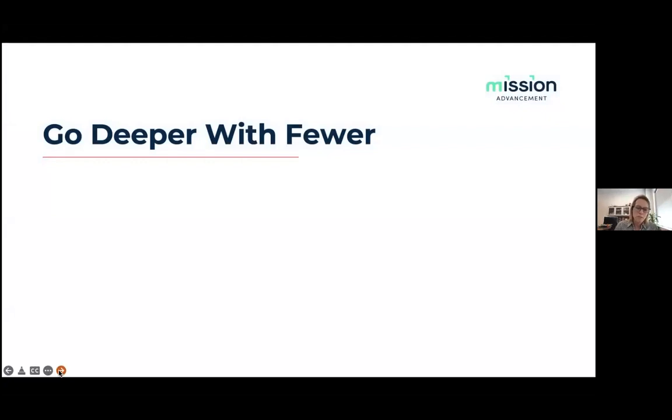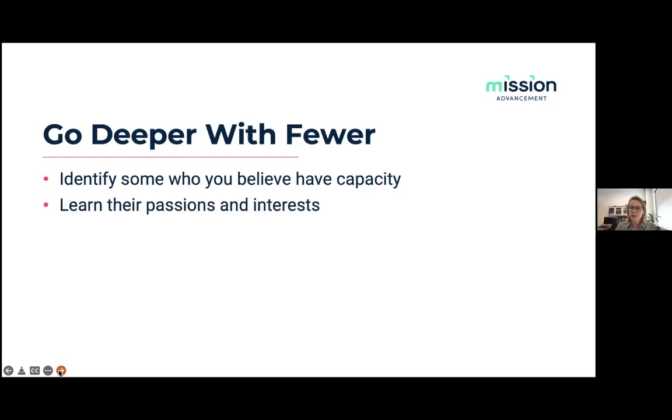So to wrap this up, the mantra here is going deeper with fewer. So how do you do this? You identify a manageable group, and that's a number that you're going to have to determine based on staffing and capacity and all those things. But you determine a manageable group that you believe either must be retained or could be grown, ideally, that have capacity, and you learn about them.